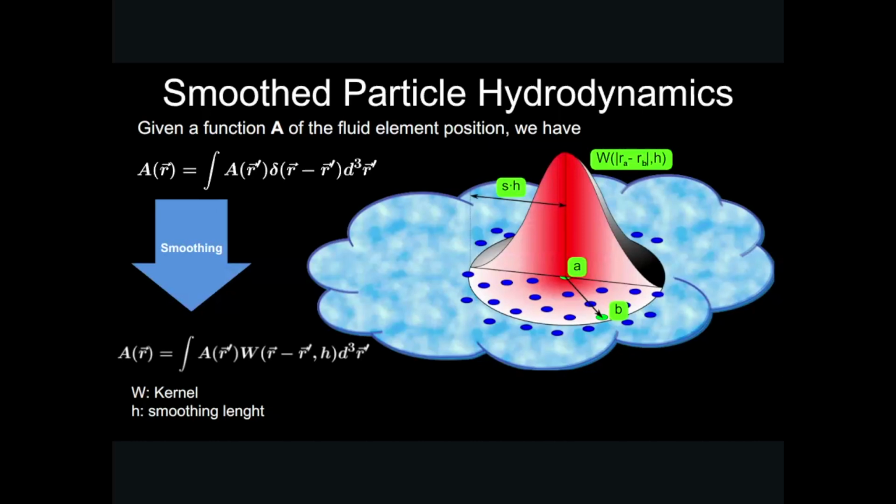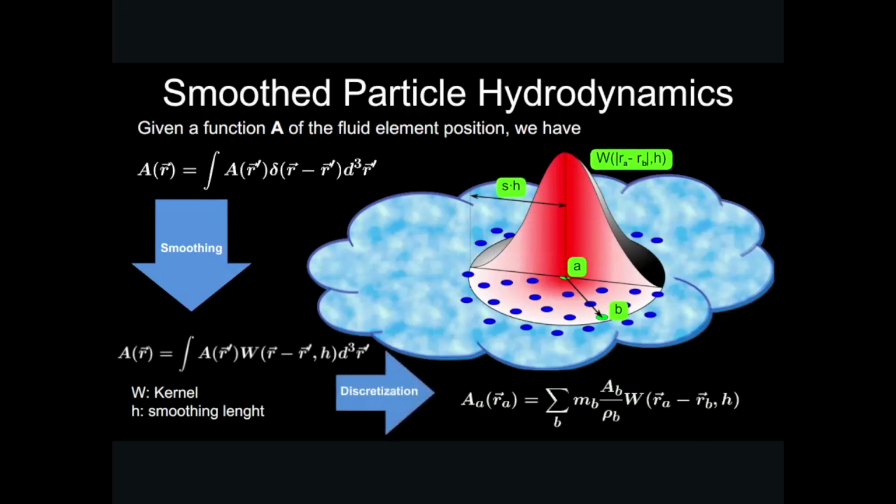So you can see the particle identifying the position that you are interested in. You would like to know the quantity A, big A, at the particle a, small a, and it is determined by the so-called neighbor particles, those indicated in blue inside the domain of the kernel. Since you have discrete particles, you discretize your integral and you actually get summations. And what does the kernel do?